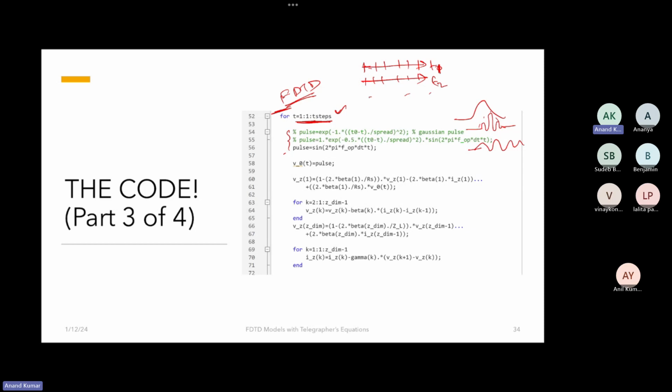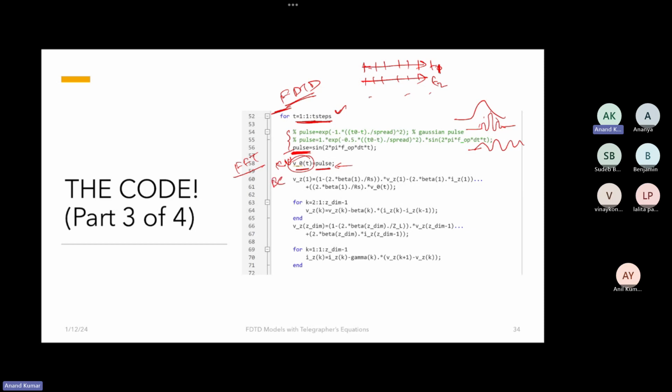Once you have chosen the type of excitation, I'm storing it in this pulse value, and then I'm using the pulse to update this voltage value V naught, and I'm also storing this V naught so that later if I want to see its spectrum, I can perform an FFT and see the spectrum of the source which I've given.